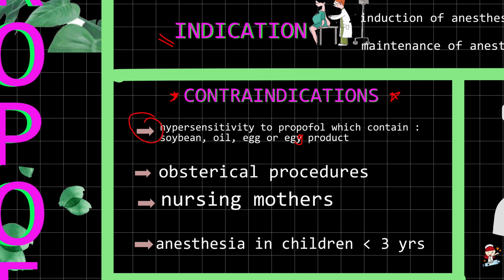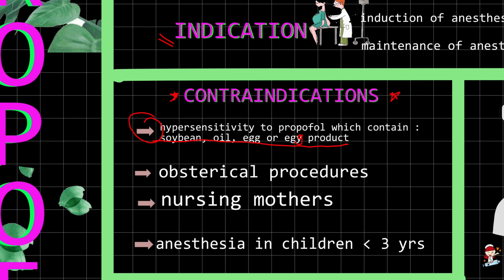So with any hypersensitivity or any allergy to these products, you have to make sure that you check that and do a thorough assessment, so that you know if there's any allergy to this medication.